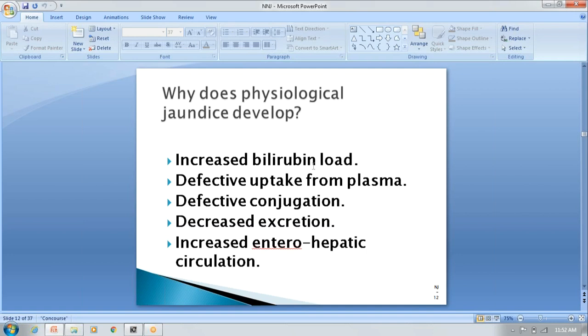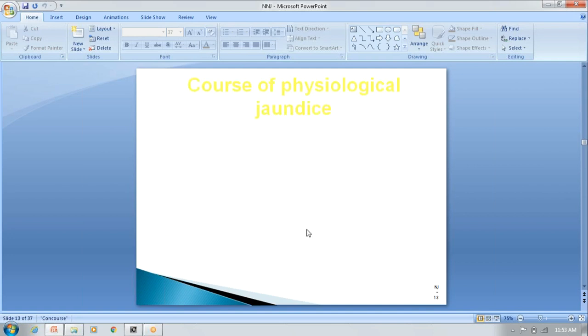The other thing is immaturity of the liver: there will be a defect in the uptake of bilirubin by the liver, or a conjugation defect because of the glucuronyl transferase enzyme, which acts as a catalyst for the combination of bilirubin with glucuronic acid. There is also decreased excretion and a chance of increased enterohepatic circulation. These are the possible mechanisms contributing to physiological jaundice.